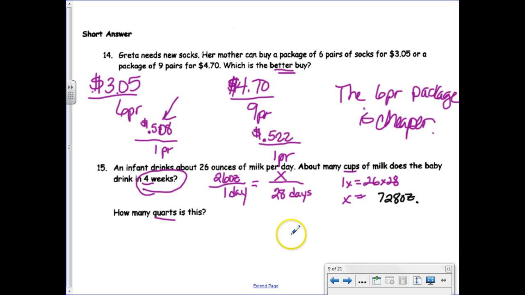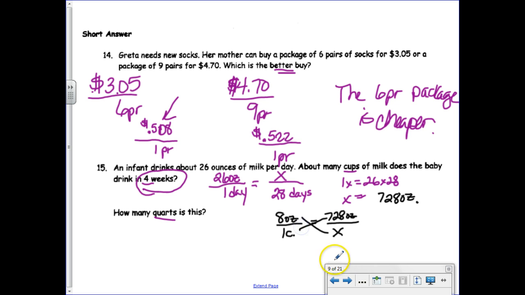Now, if you look back at your chart, when we have ounces and cups, if you remember how we were doing our conversions, I know that 8 ounces was the same as 1 cup. And so I'm asking, 728 ounces is how many cups? If you looked at our chart, if you're going from ounces to cups, you're just going to divide by 8.